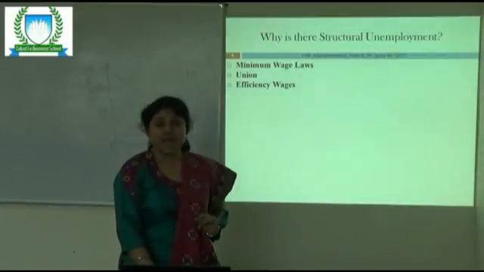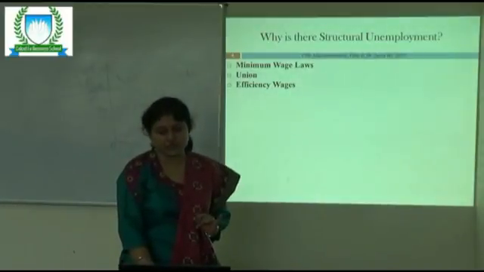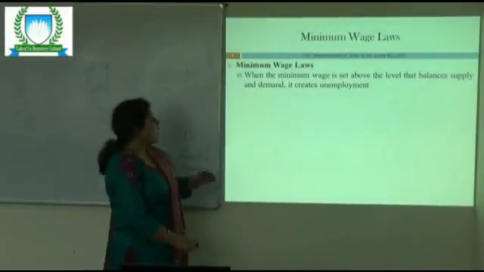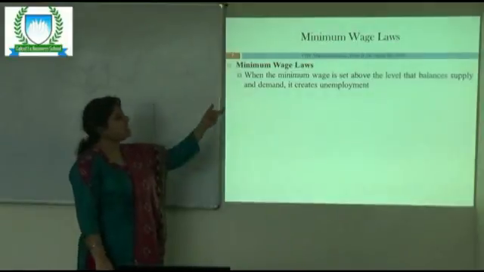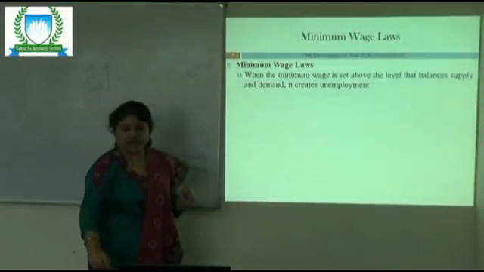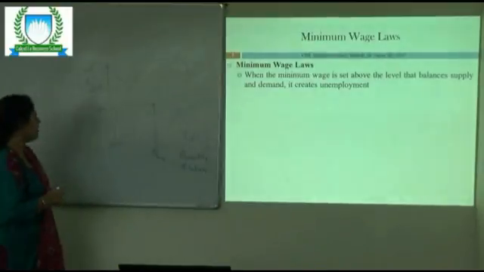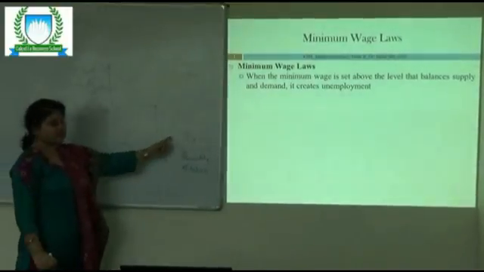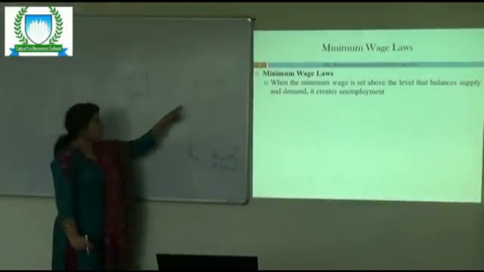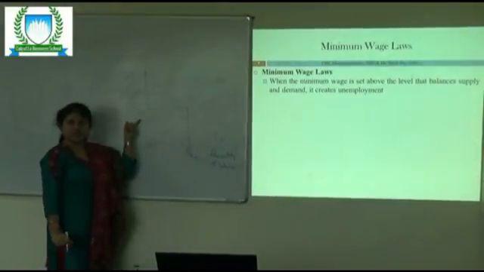What do we mean by minimum wage laws? The minimum wage laws say that when the minimum wage is set above the level that balances supply and demand, it creates unemployment. As I have shown in this figure, the wage that will balance supply and demand is this WE.